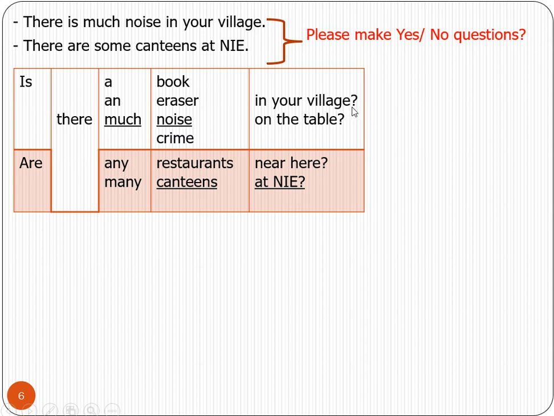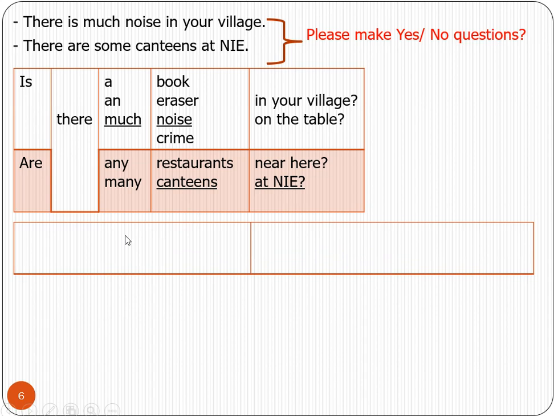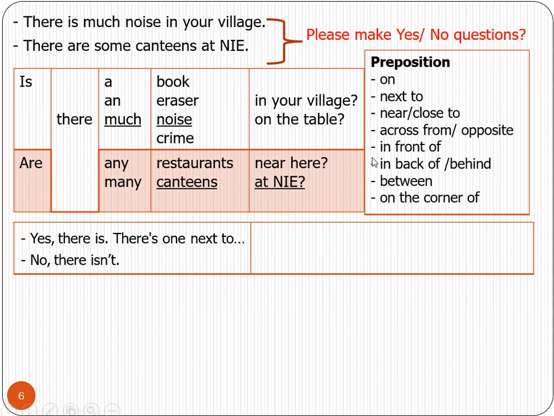And answer, yes, there is. Or no, there isn't. So is there a book on the table? Yes, there is. And you can give more information. There's one next to the bag. And you can also add or use this preposition.